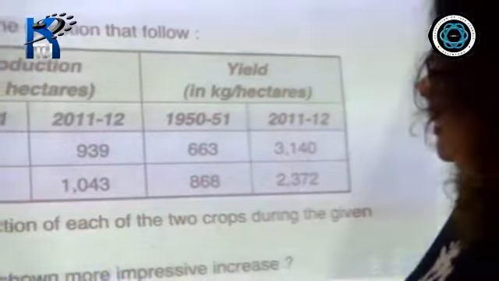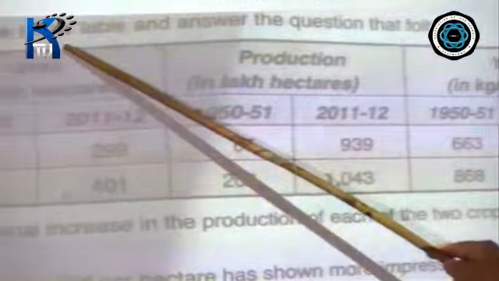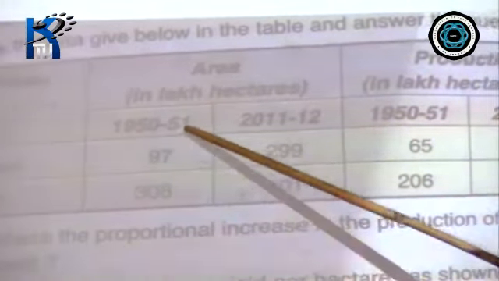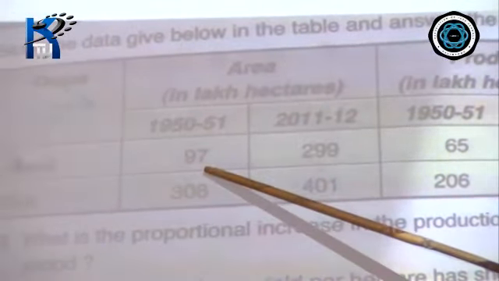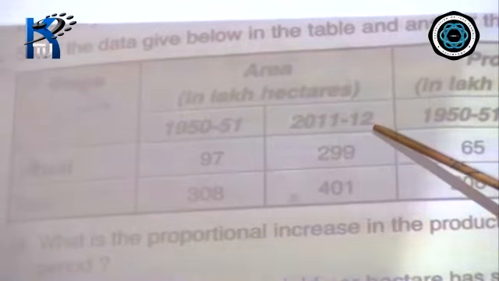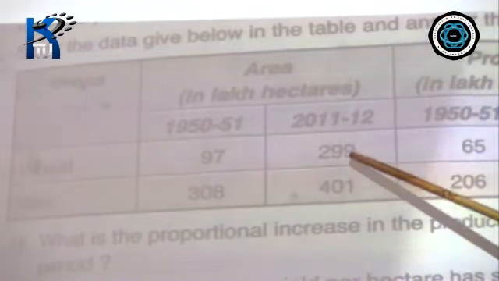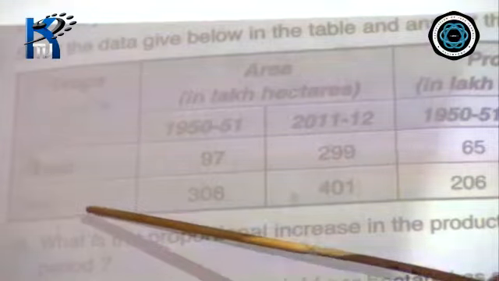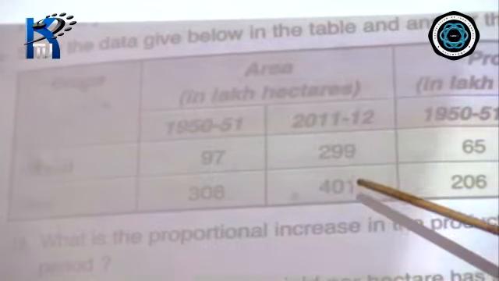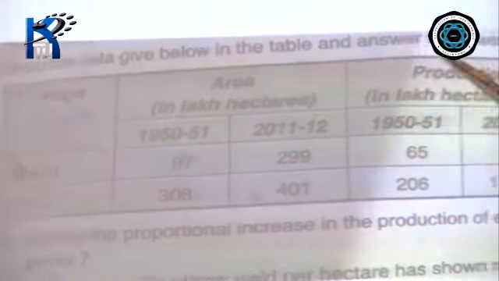Now, in the first case, that is area, wheat, 1950-51, the area was 97 lakh hectares. In 2011-12, for wheat, it was 299. The same goes with rice, 308, 401. Next is production.